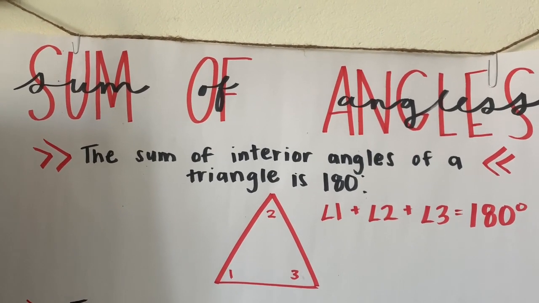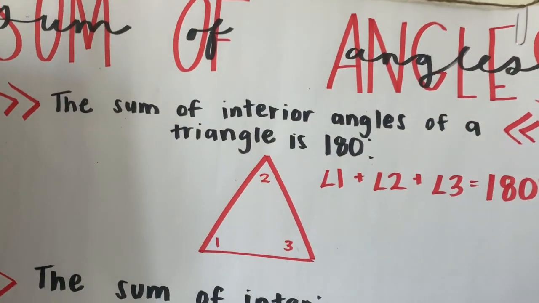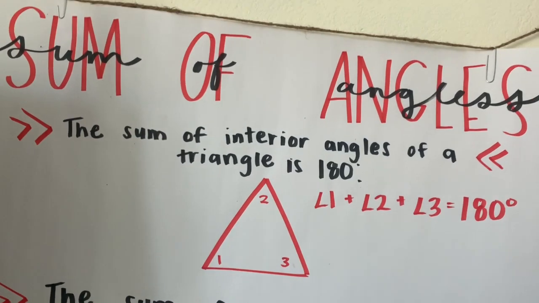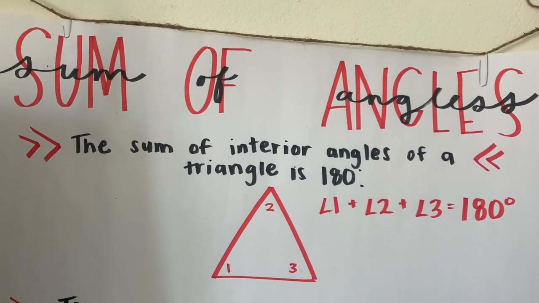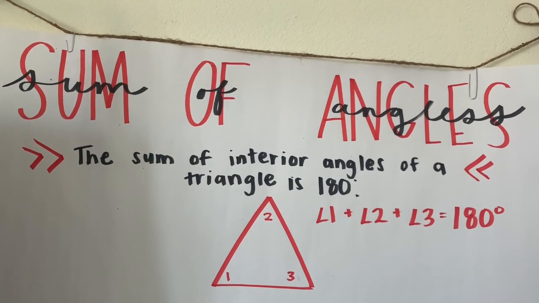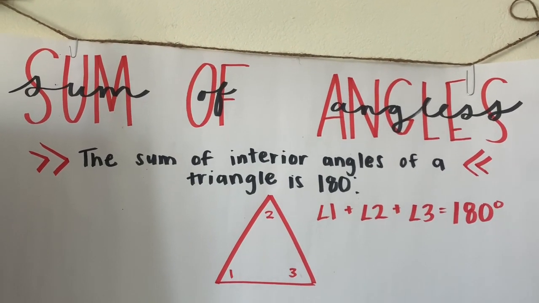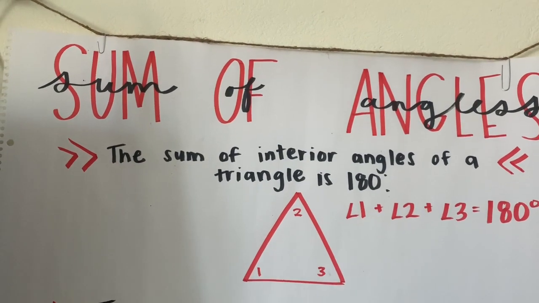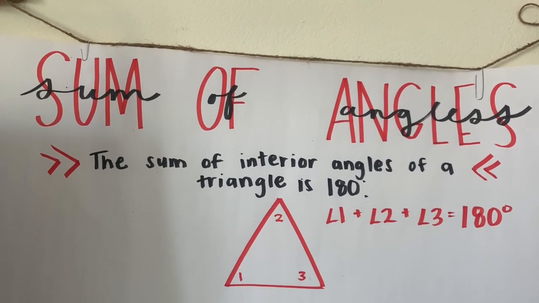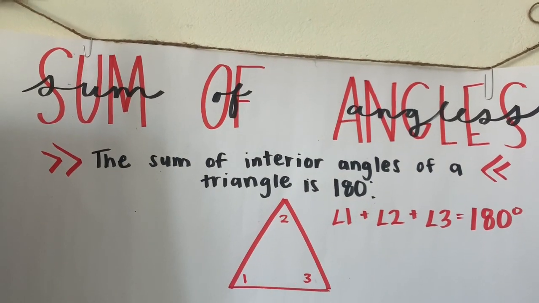Now, on this chart, I also have angle 1, angle 2, and angle 3. If you notice, they're not specific. It doesn't say 60 plus 60 plus 60. And that's on purpose, because no matter what those angles are, 90, 30, 60, whatever they are, they will always equal 180 degrees.